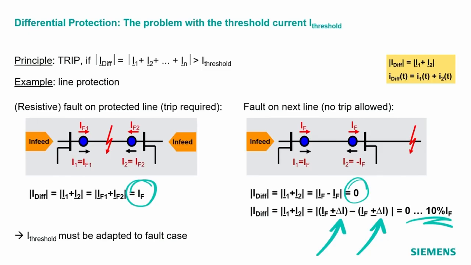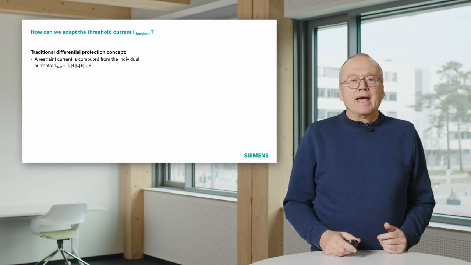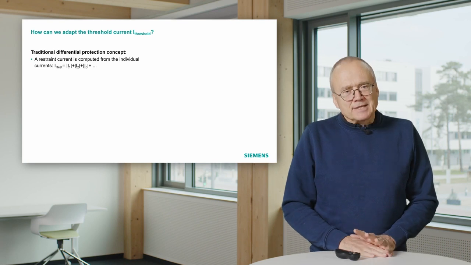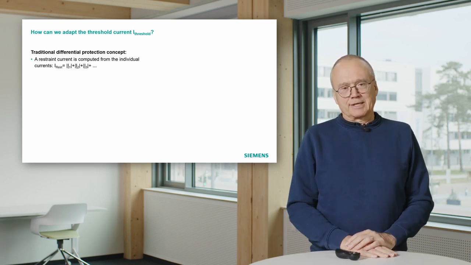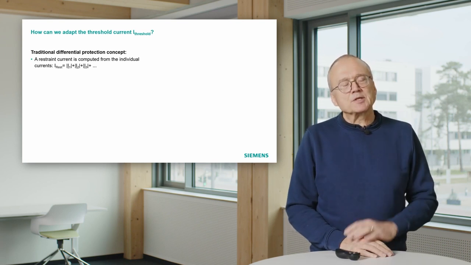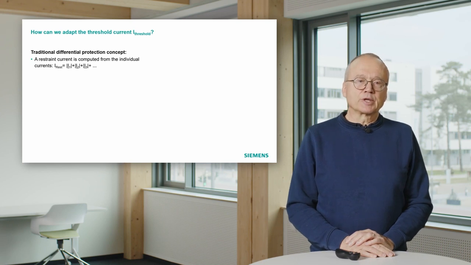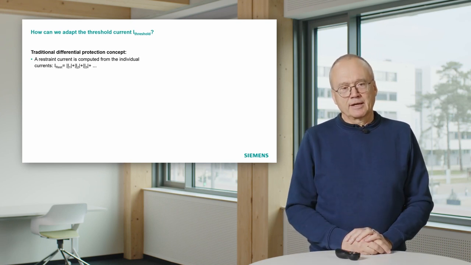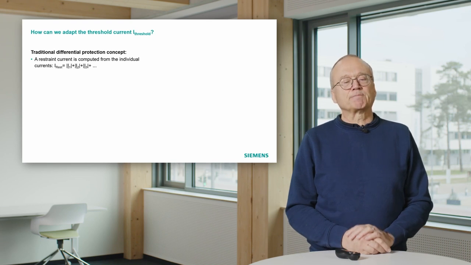That means in differential protection we calculate the differential current and compare it with a value which has to be adapted to the fault case. And there are different possibilities to do that. The first thing I would like to show is the traditional concept you find in many differential protection applications.